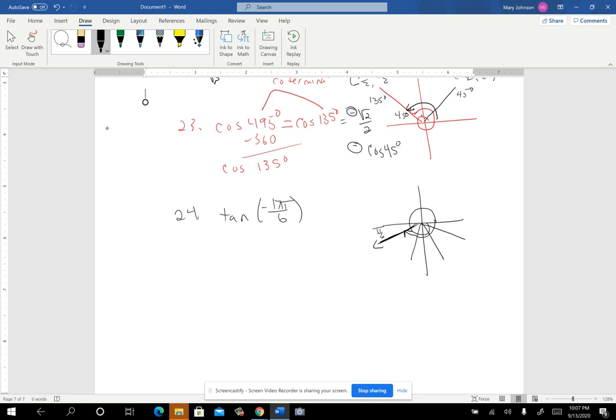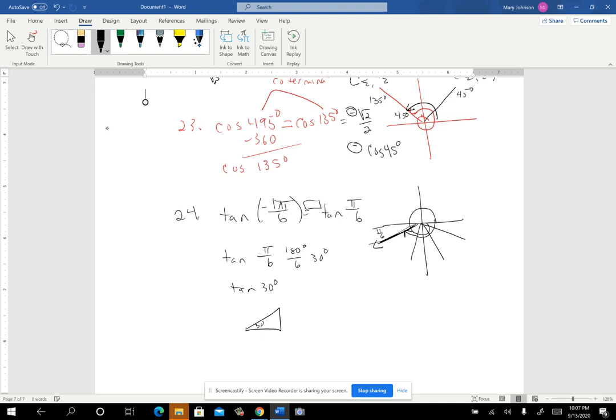So what you could do is find the tangent of pi over 6. You know it's going to be the same number part, and then just decide out here whether you need to throw a negative on it or not. And that's, again, 180 over 6, that's 30 degrees. So you can think about your special right triangles, or you can go to this location on your unit circle.